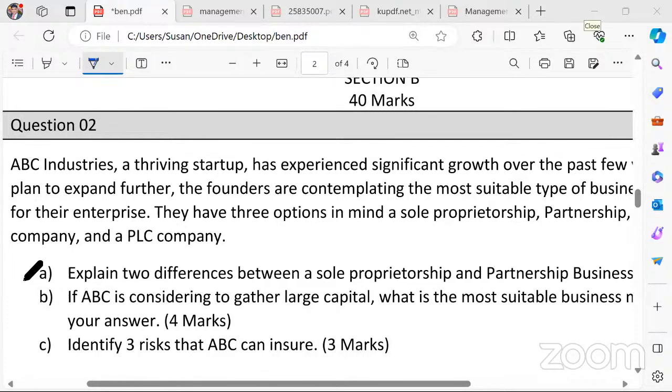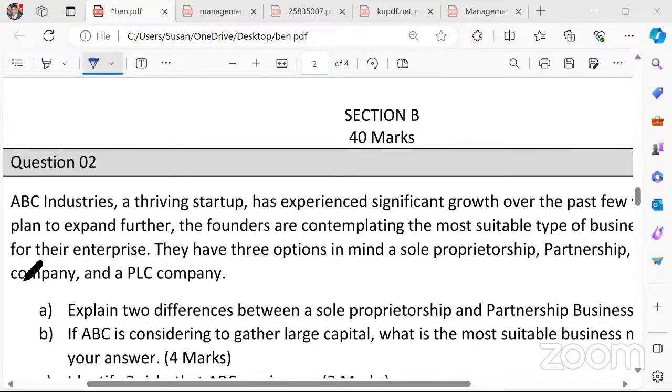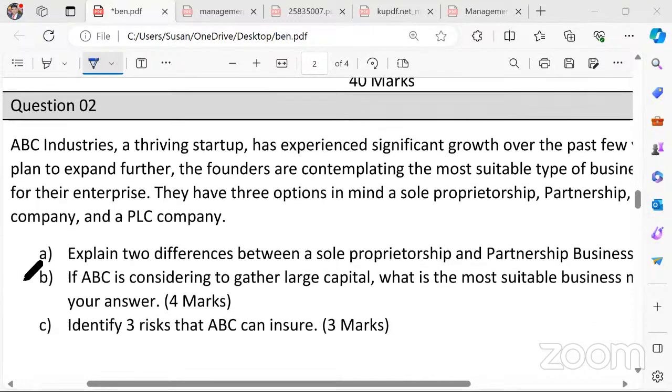Be like that. Okay, ABC Industries, question number 2. I'm going to directly go to this question. If you are not asking anything, then I will explain what I want.